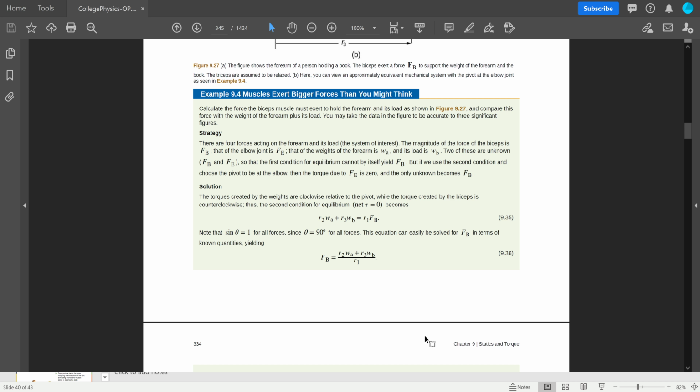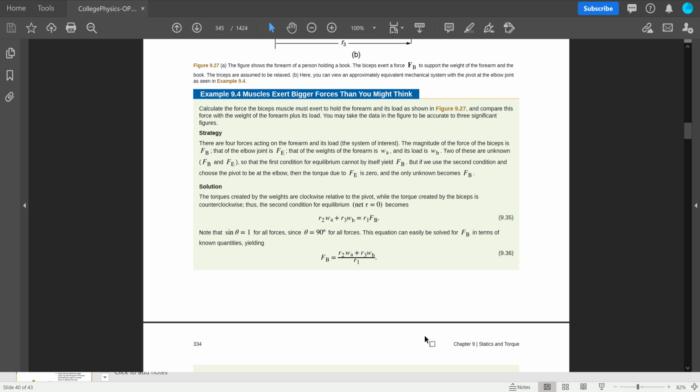But we can use the second condition and choose the pivot point to be the elbow. Then the torque due to the force of the elbow is 0, and the only unknown becomes FB. So we're gonna just use what we know here. The torques created by the weights are clockwise, relative to the point, while the torque created by the biceps is counterclockwise.